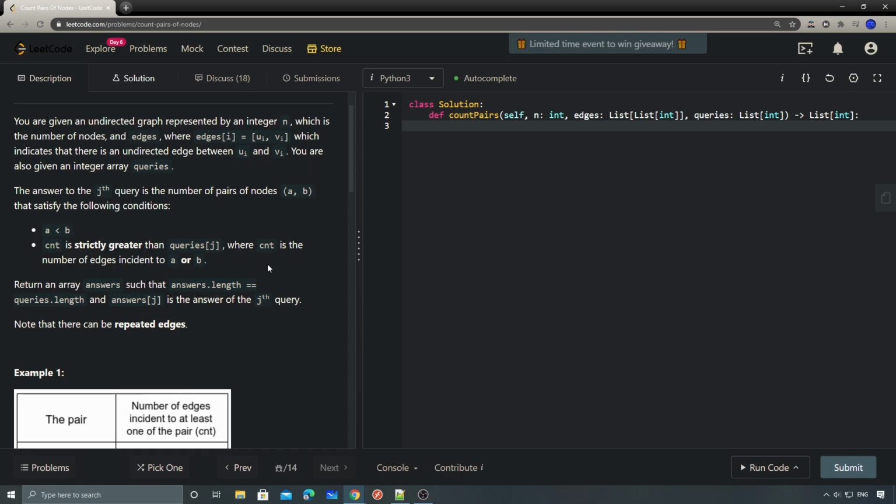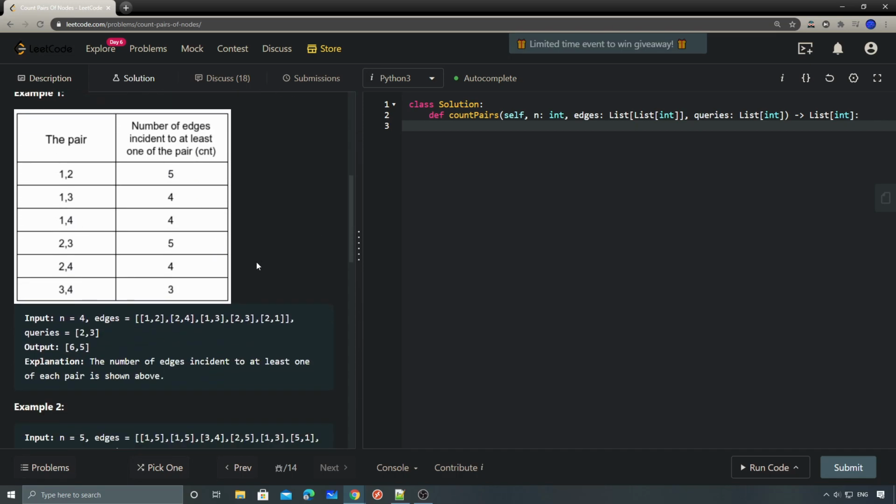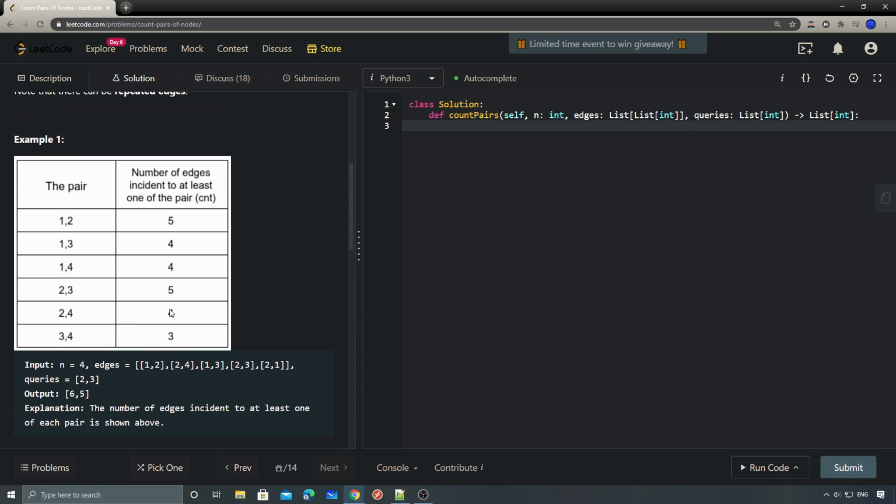Okay. So first, what is the edge incidence? For example, we have the example one here. We have 4 nodes, and then we have 5 edges. If I draw this graph real quick, we have 1 here, and 2, 3, and 4.